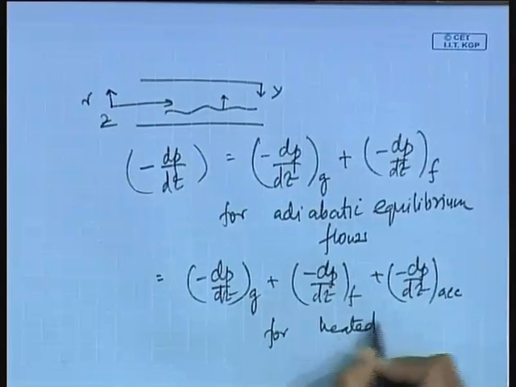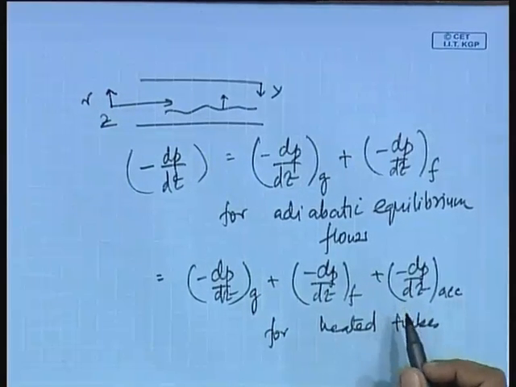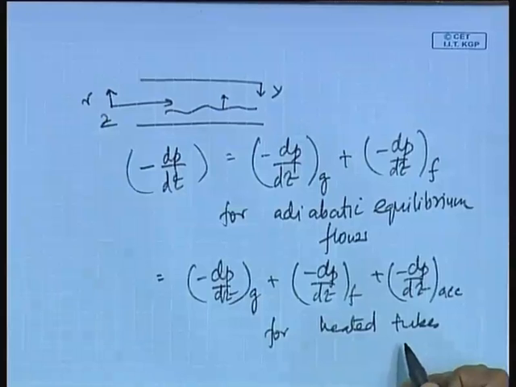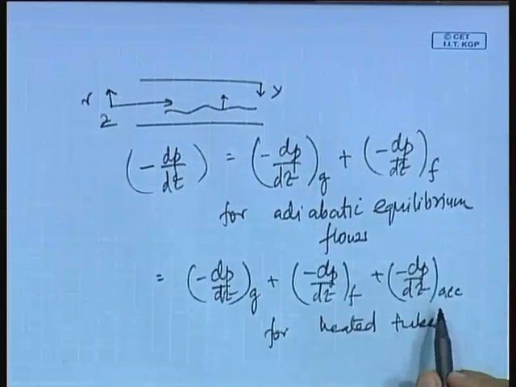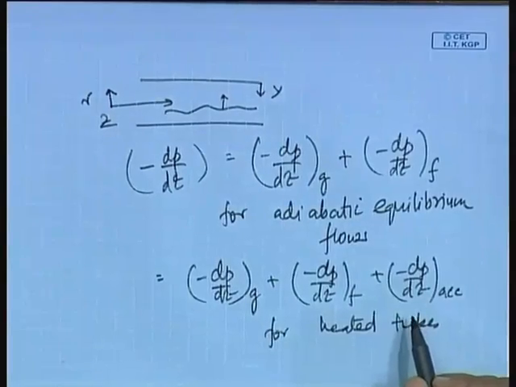Under those circumstances, either the liquid goes into the vapor phase or the vapor comes to the liquid phase. Naturally, some portion of one of the phases is either accelerated or decelerated. So for such situations we have the acceleration pressure gradient.